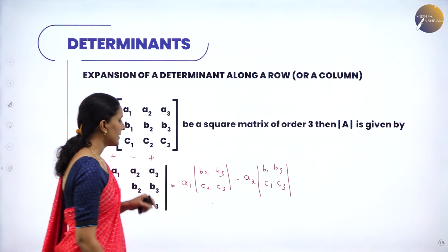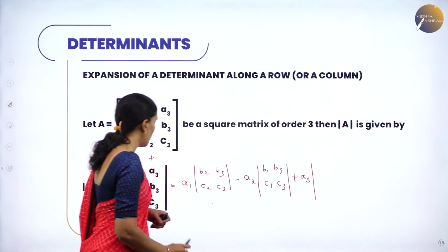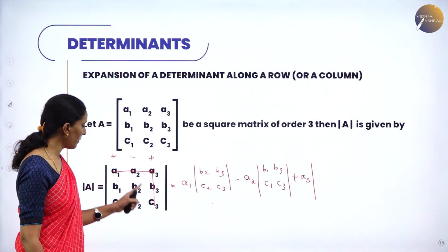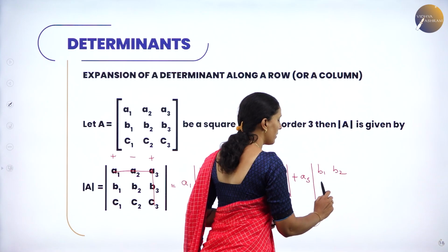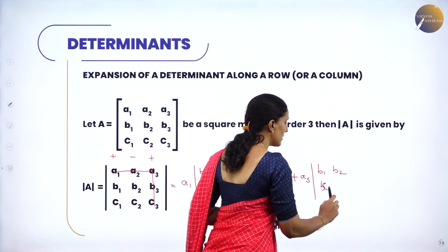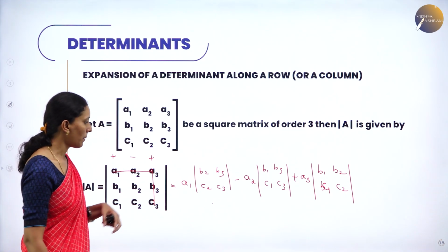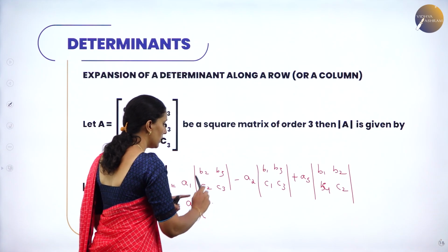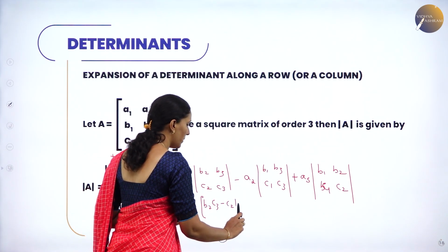Next we will take plus A3 for the third one. Delete the row and column containing A3. What are the remaining elements we have? That has to be written in the form of a determinant: B1, B2, then C1, C2. So this is how we will expand. Now A1 into, this is a determinant again, B2, C3 minus C2, B3.